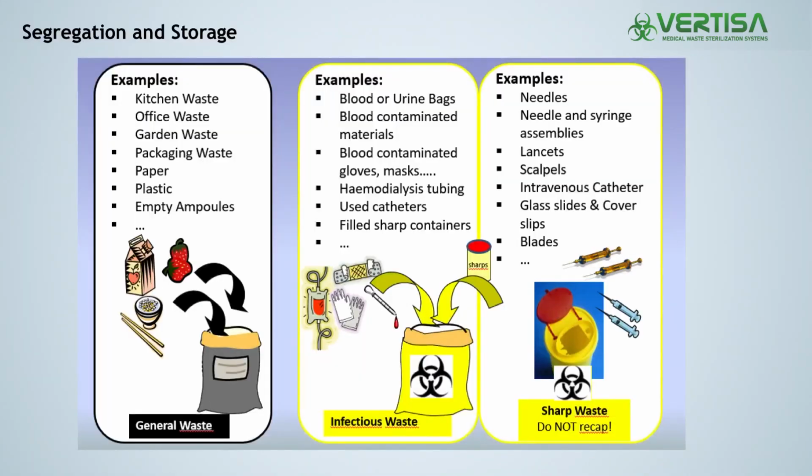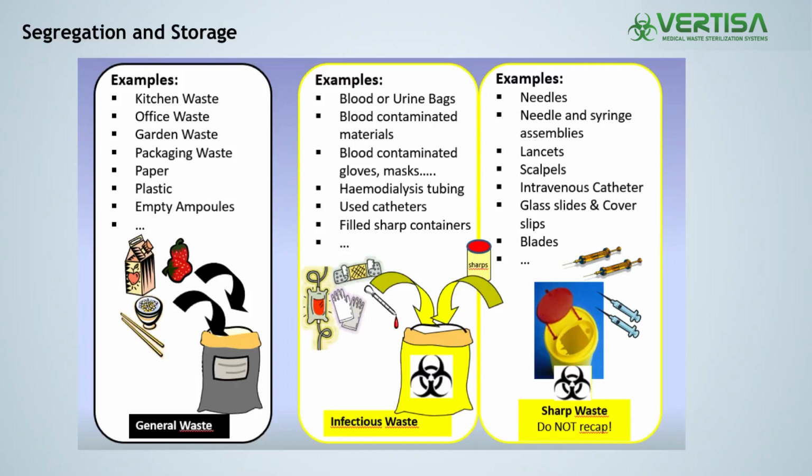Here is one example of color coding on bins and containers for these different healthcare waste categories. You see the infectious and the sharps typically color coded with yellow, and the normal waste with black.